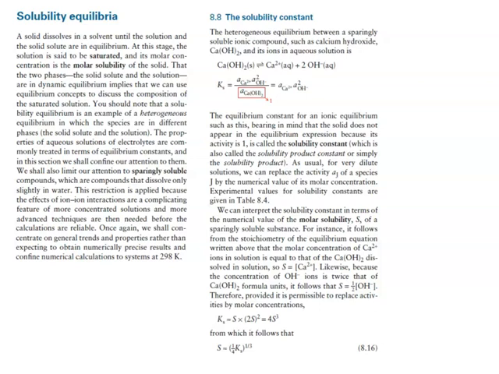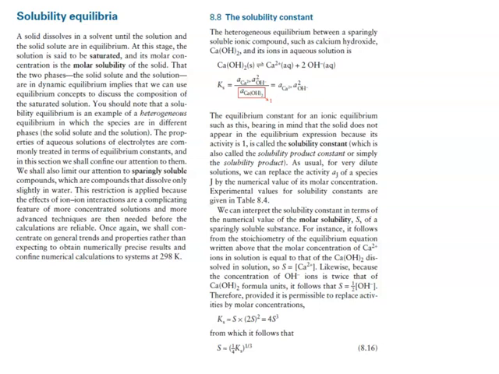This restriction is applied because ion-ion interactions are a complicating feature of more concentrated solutions, and more advanced techniques are needed before we can calculate that reliably. Once again, we'll concentrate on general trends and properties rather than expecting to obtain numerically precise results, and confine numeric calculations to systems at 298 Kelvin or 25 degrees Celsius.